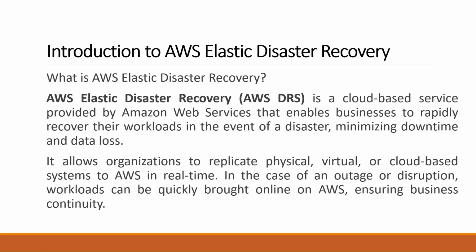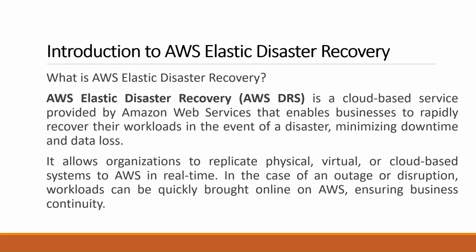This service will help you recover your application and data in case something goes wrong, like a server crash or a natural disaster. It allows you to quickly and easily restore your system to a working state, and it minimizes the downtime and the data loss.